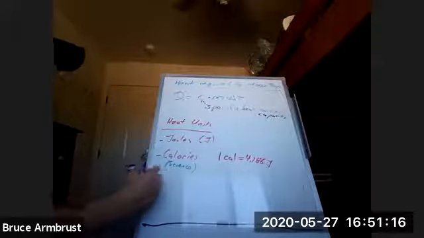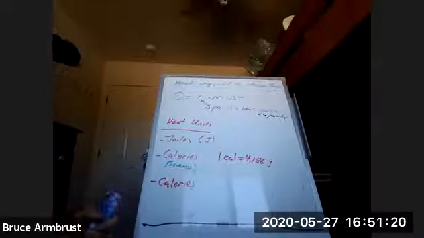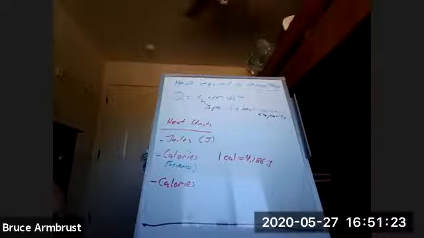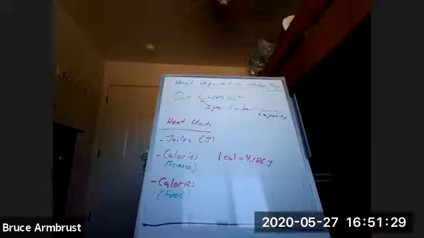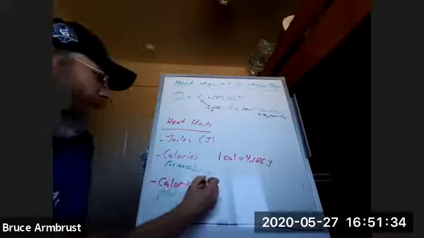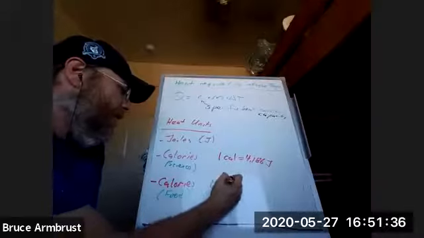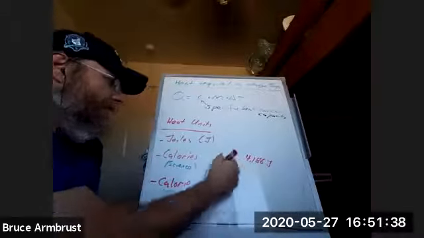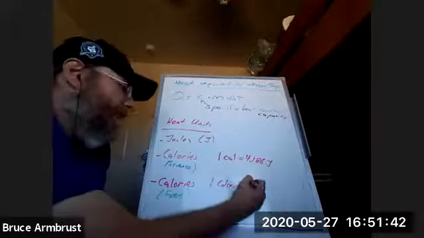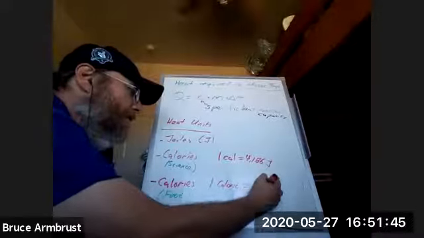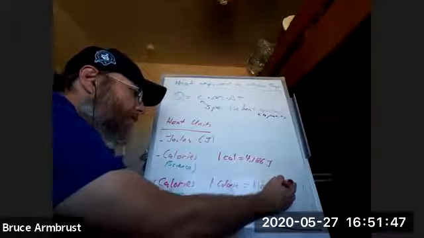Okay, but there are also calories, as we know, in food. So I'm going to put here calories, food calories. And the way that this works is 1 calorie, now I'm not going to write CAL, I'm actually going to write the whole thing, 1 Calorie is actually equal to 1 kilocalorie.